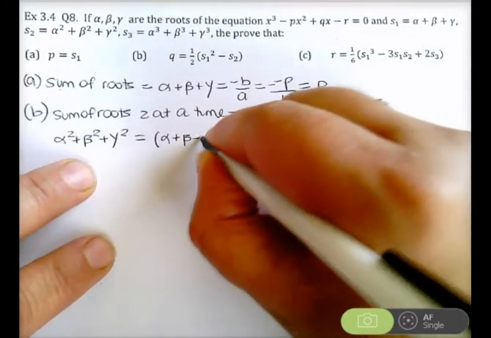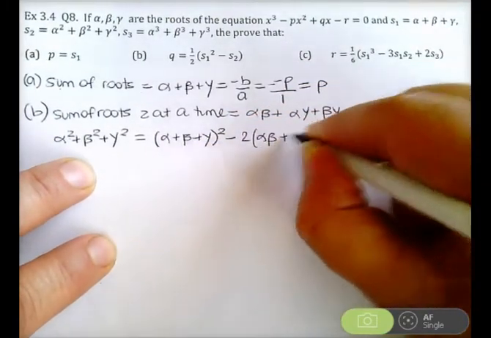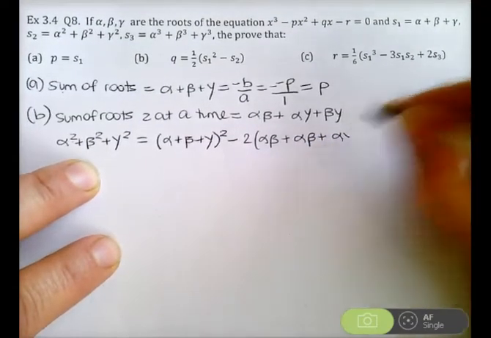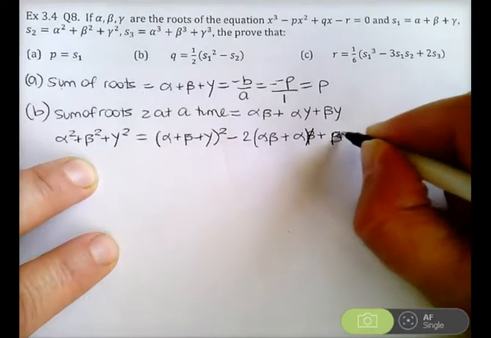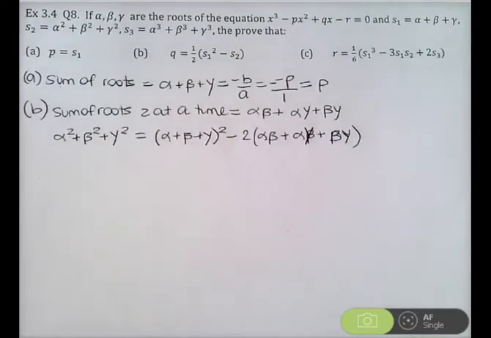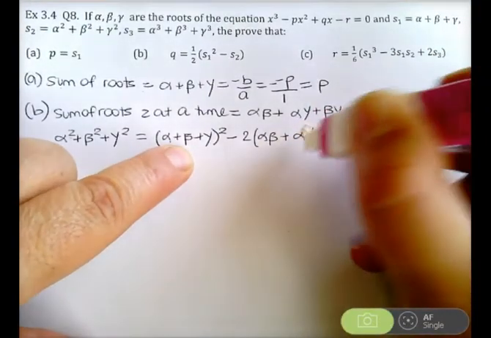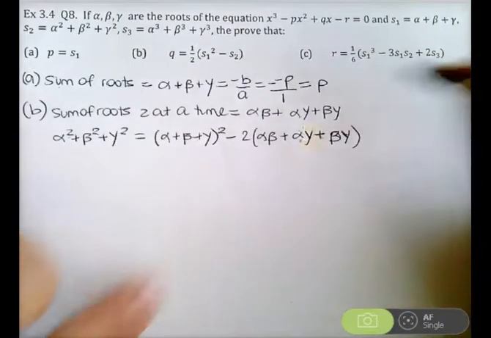This is just 3 of them, alpha plus beta plus gamma squared minus 2 lots of the 3 combinations of the roots. Anyway, you know what to do. Alpha beta plus alpha gamma plus beta gamma.